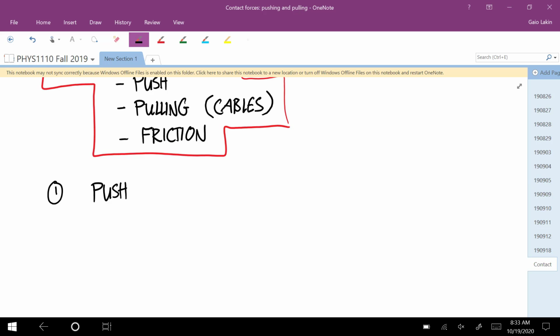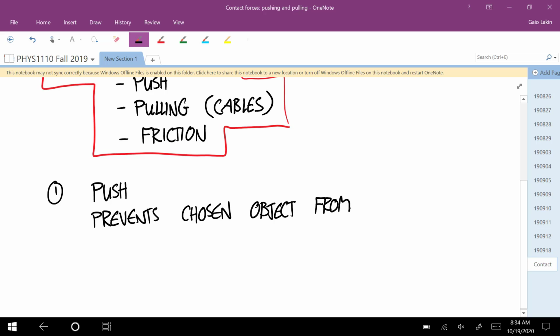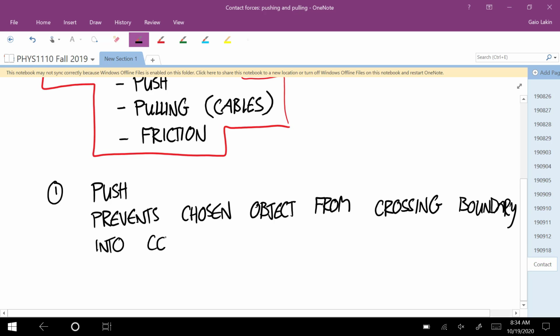Well, when you're dealing with forces, you're always going to first choose an object that you're going to isolate, that you're going to be analyzing. And a pushing force is a force that prevents the chosen object from crossing the boundary into the contacting object.